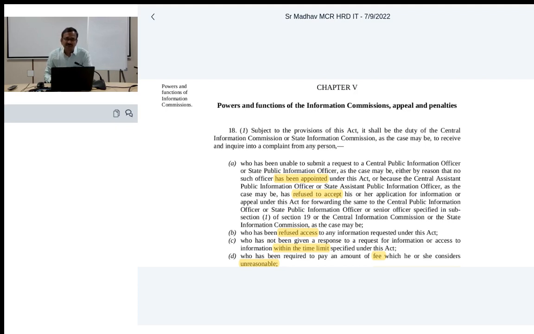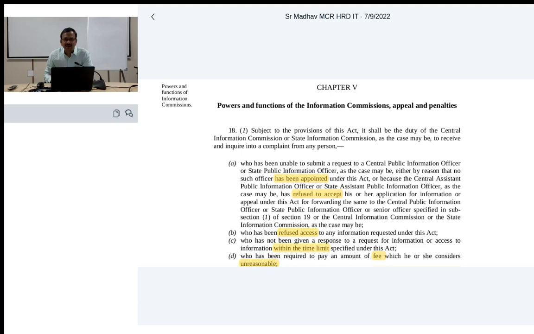Section 18.1 says that in certain circumstances, a citizen can file a complaint directly to the Information Commission. First, clause A says when a PIO has not been appointed, then a citizen can file a complaint directly before the commission.